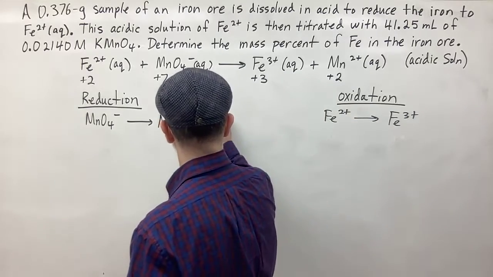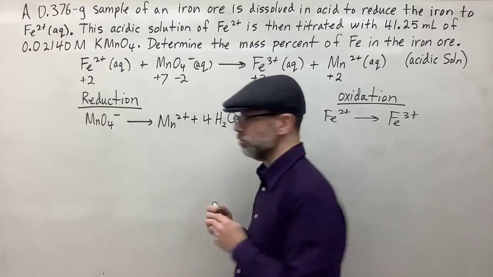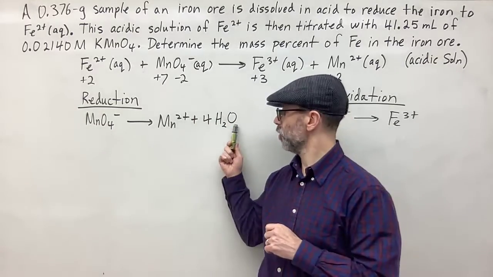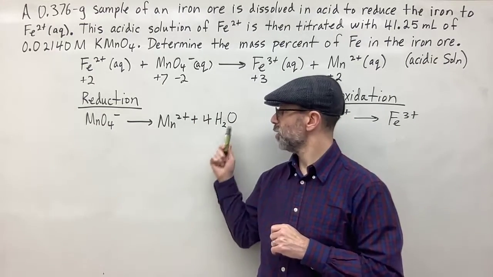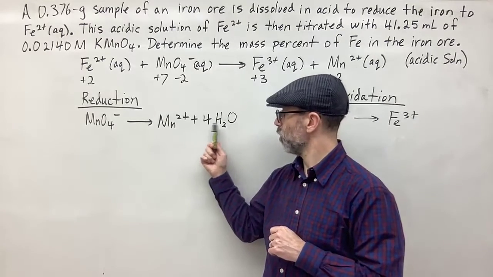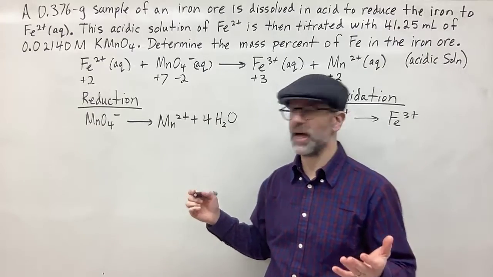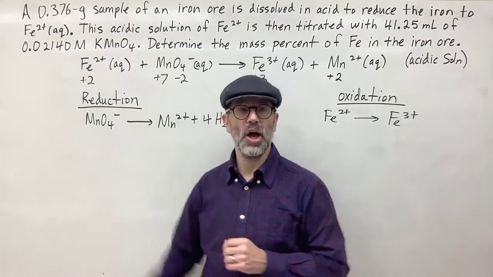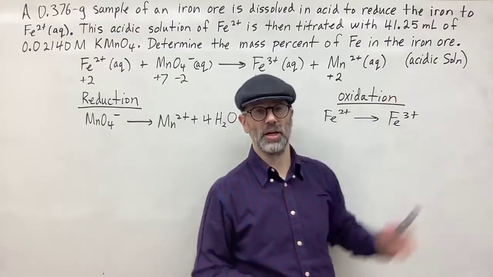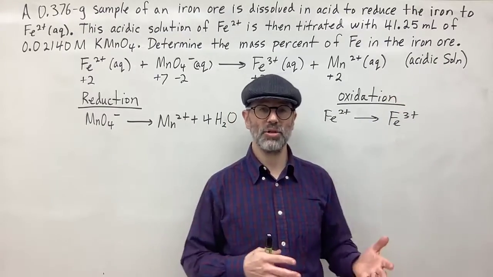So I'm going to add 4H2O. So now the oxygen is balanced, but now I have the hydrogen here. So I have 4 times 2 is 8. I have 8 hydrogen. How am I going to balance hydrogen? I don't have any hydrogen over here. Well, that's where the acidic part comes in. Acidic means you have H plus ions in solution.